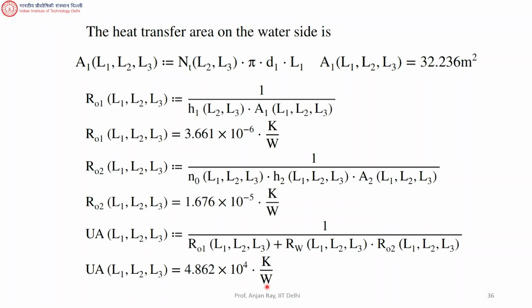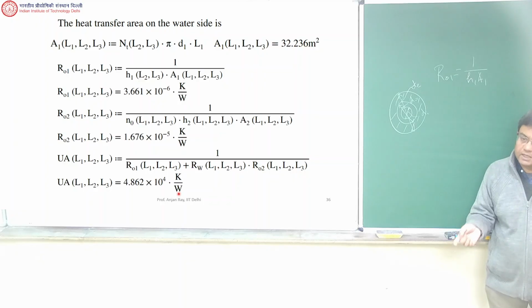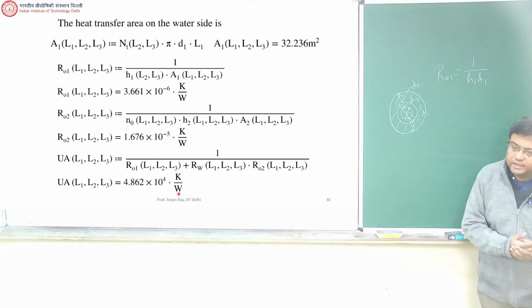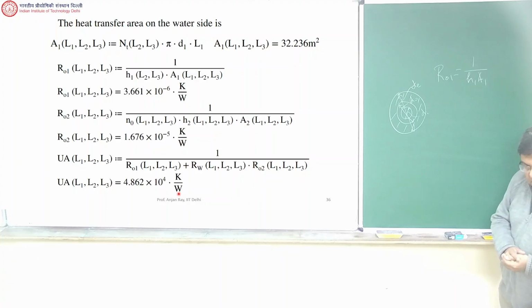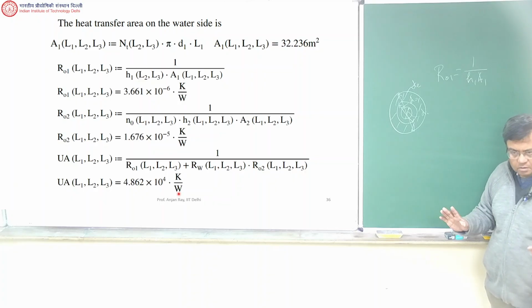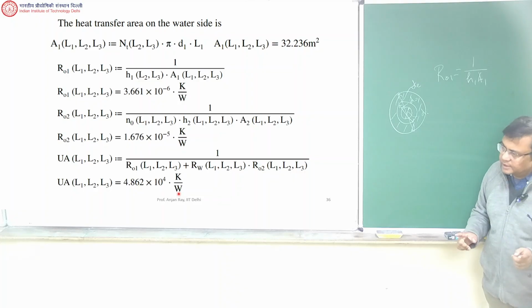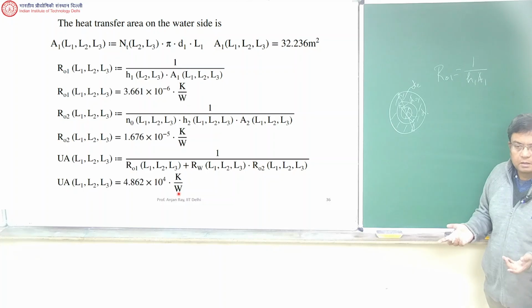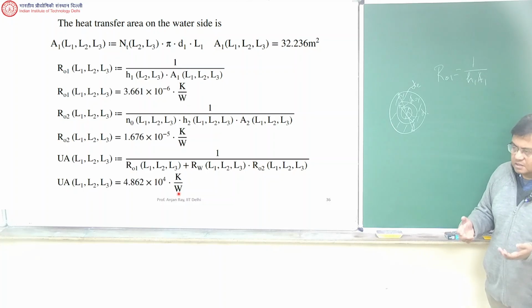So whatever temperature is not known can be calculated once you have got effectiveness. How do you get effectiveness? Using NTU, because effectiveness-NTU relations are known. But how do you get NTU? UA over C min.